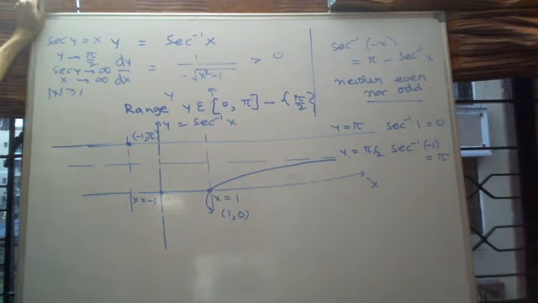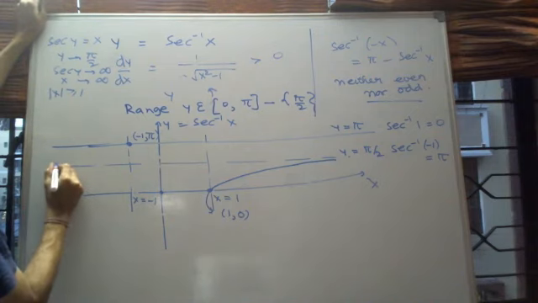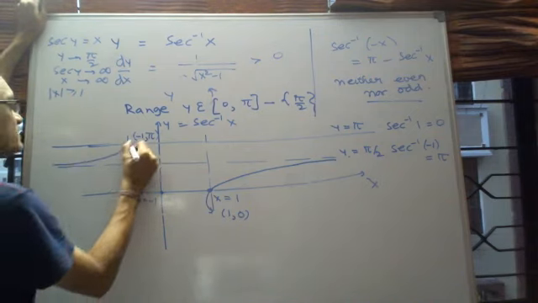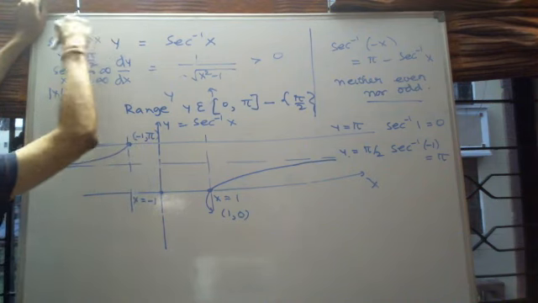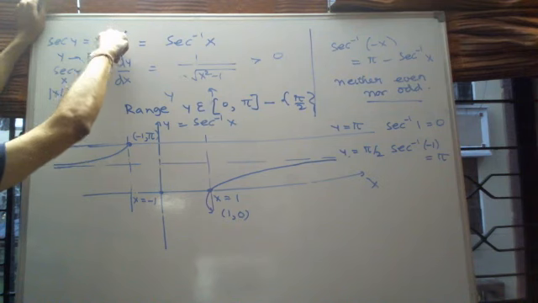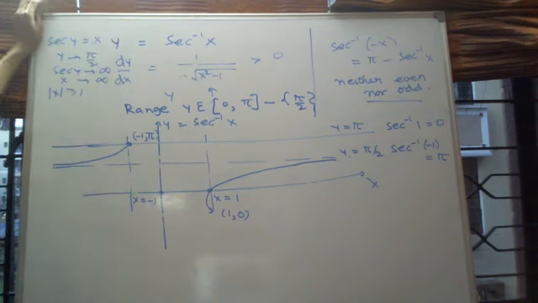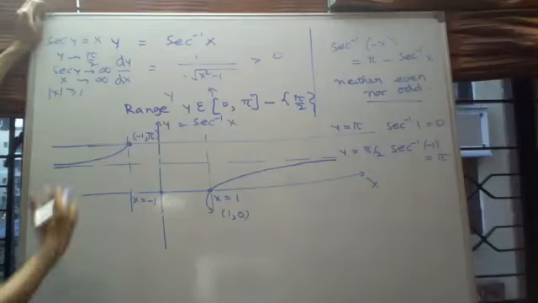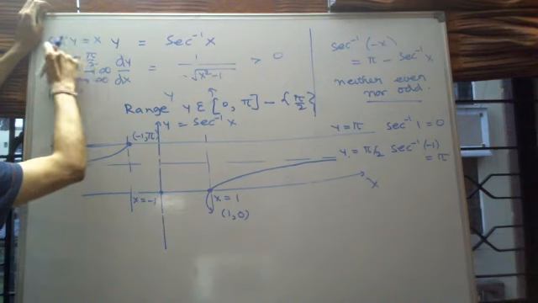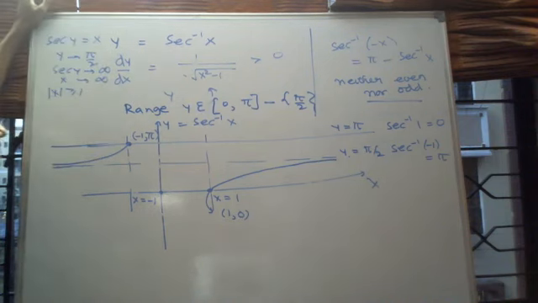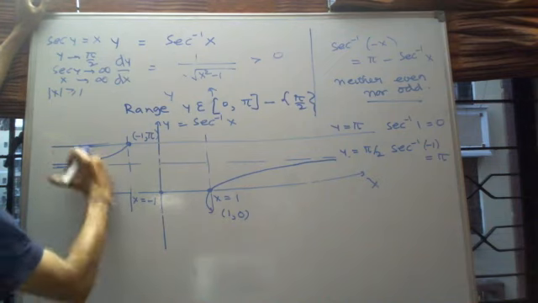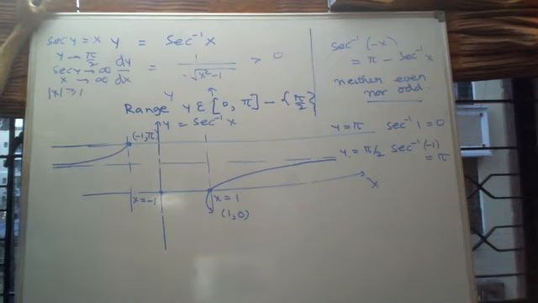Similarly, check this part yourself. As x tends to minus infinity, y will again tend to pi by 2, but from the side greater than pi by 2. As y is greater than pi by 2, sec y will be negative but will become larger and larger in magnitude.